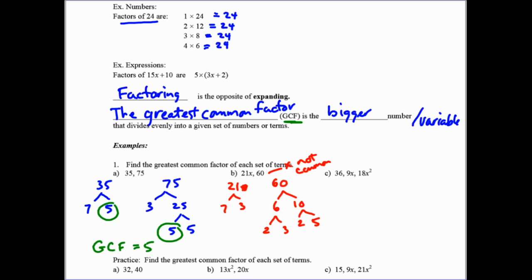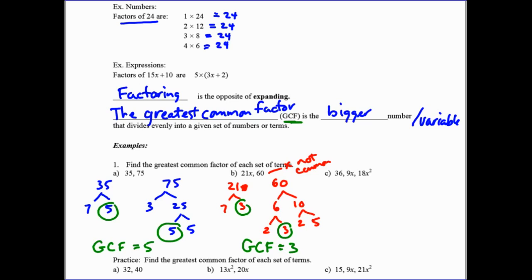So you want to see if there's a greatest common factor, which is the highest number they have in common. They don't have 7 in common, that's a higher number. They don't have 10 in common, that's a higher number. But they do have 3 in common. And it might not be a large number, it might just be the only number that works. So the GCF is 3.